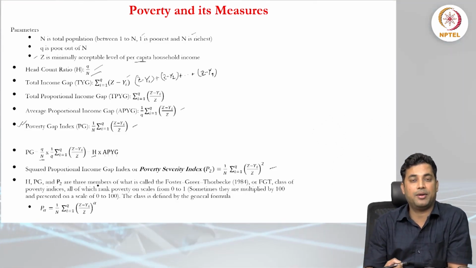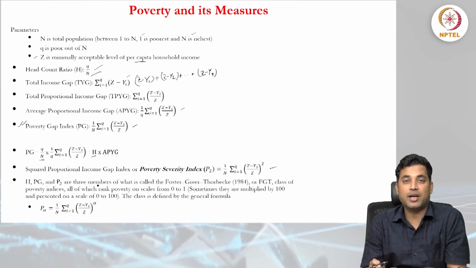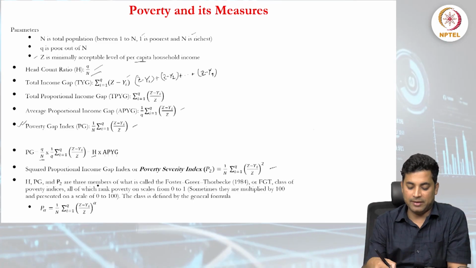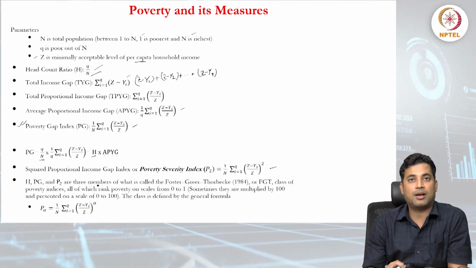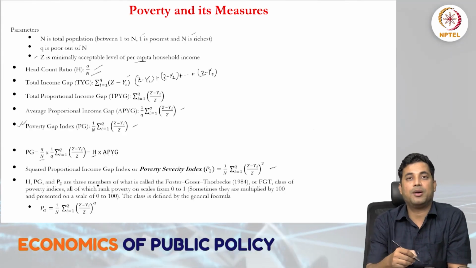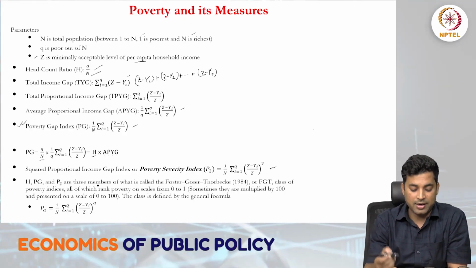These were discussed by Foster, Greer and Thorbecke in 1984 in their paper, and they are actually a class of poverty indices which range between 0 and 1.